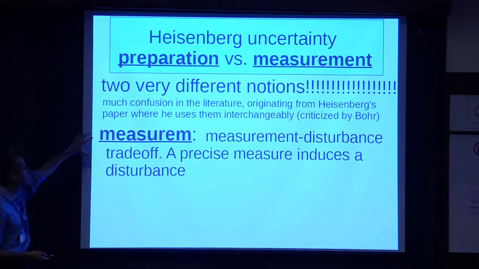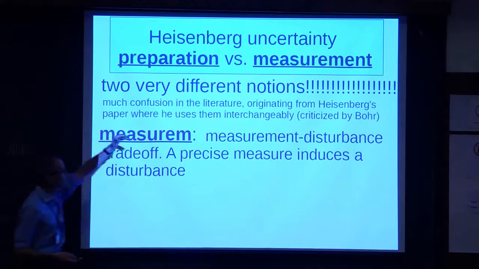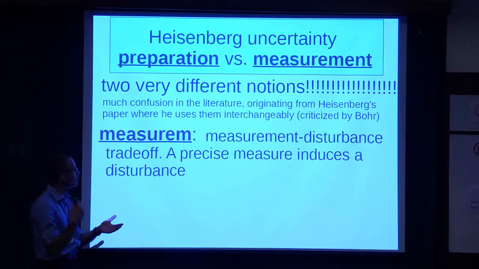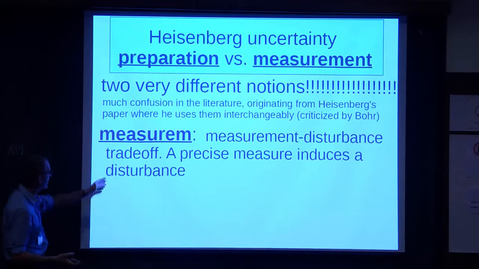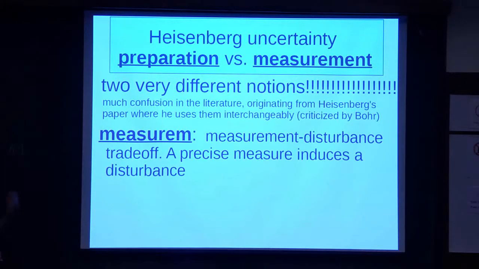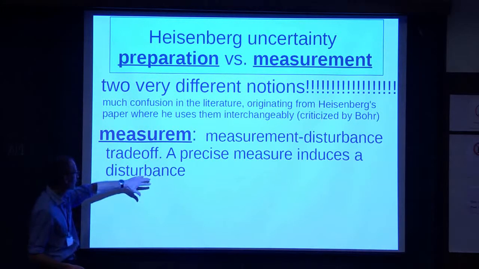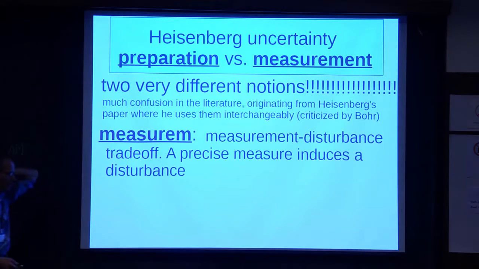Measurement uncertainty relation refers to the measurement disturbance trade-off. So if you perform a precise measurement on a quantity, you will induce some disturbance on a different, incompatible quantity. Okay, and this is very difficult to define rigorously, what disturbance is.